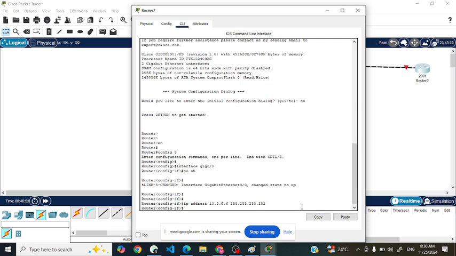Now the description we are giving here: interface is connected to Mumbai router.